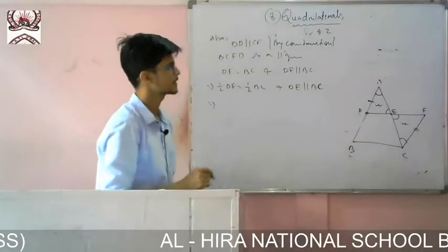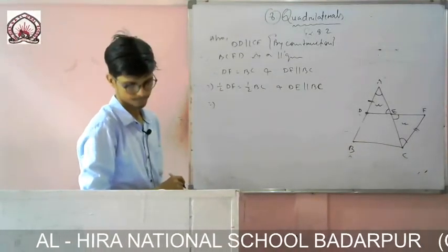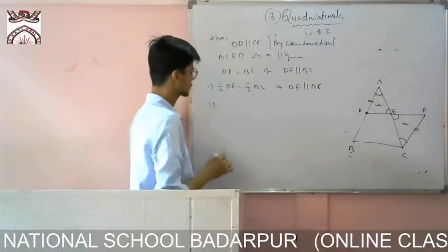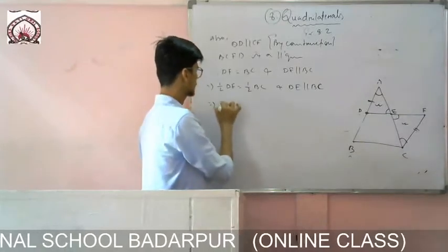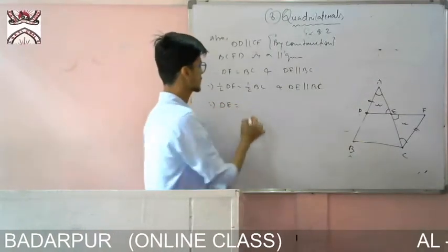So half of DF, it is DE, and half of BC, it will be same.